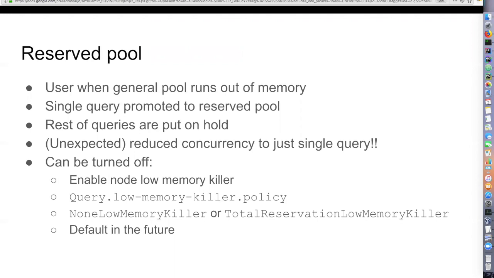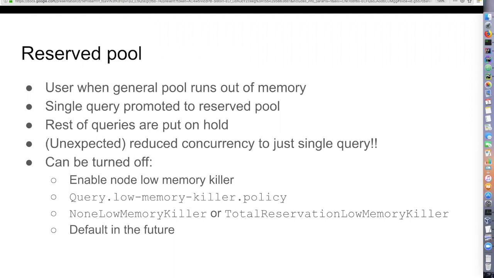And this is a behavior that is often surprising, and not very intuitive. We've seen cases where users came and said, hey, my cluster had concurrency reduced to 1 and it became much slower.